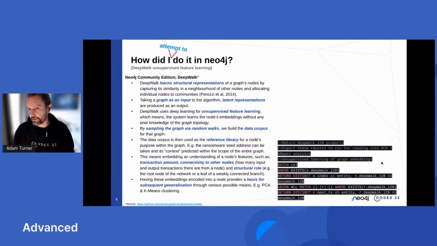Essentially, that's how I exported it. It's really quite simple within the Cypher in order to get your data set and then connect that to Python to do a bit more data science analysis.